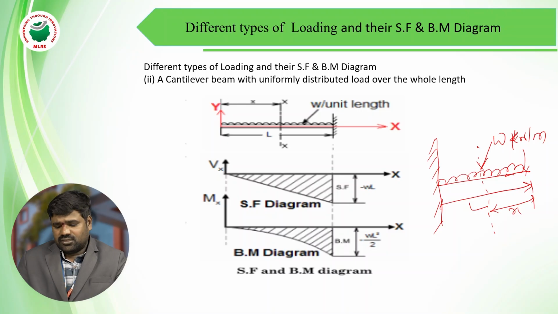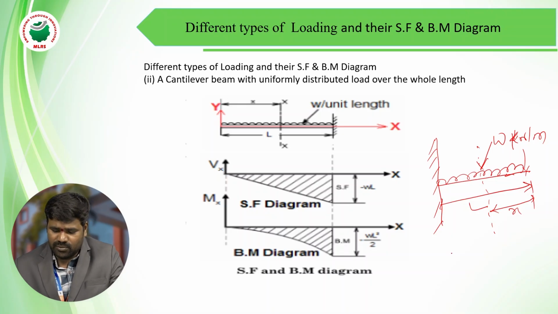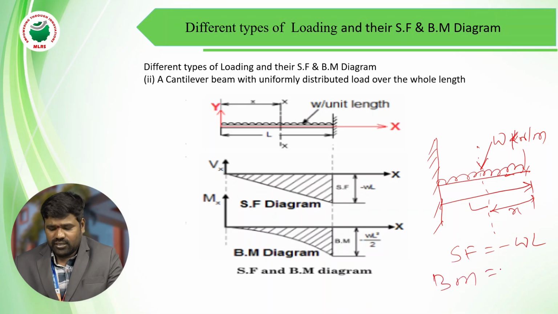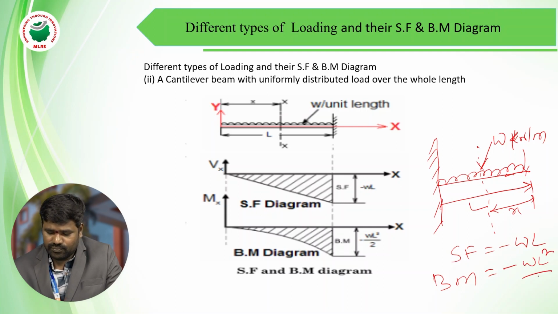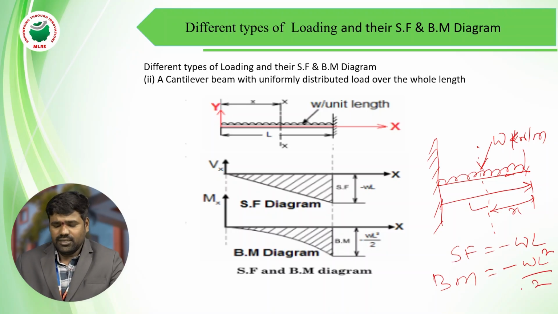Shear force diagram shape is triangular and bending moment diagram is parabola shape. So shear force Fx equals negative W load into length, and bending moment at cantilever with the UDL is negative WL square by 2.